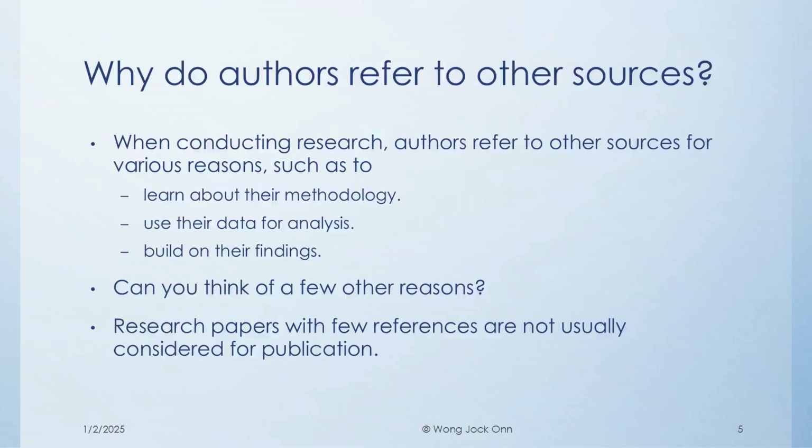Why do authors refer to other sources? It is crucial for an academic author to refer to other sources when conducting research. It gives the research credibility. Authors refer to other sources for various reasons, such as to learn about their methodology, use their data for analysis, and build on their findings.